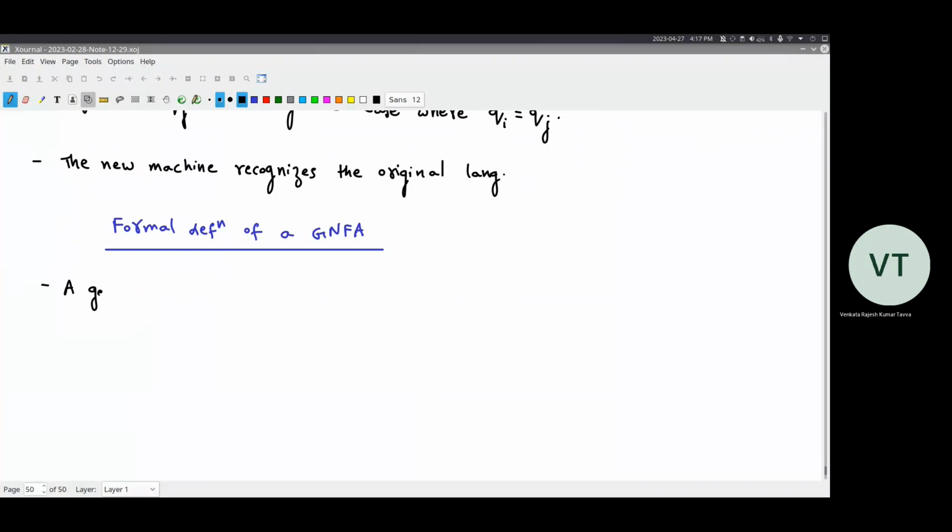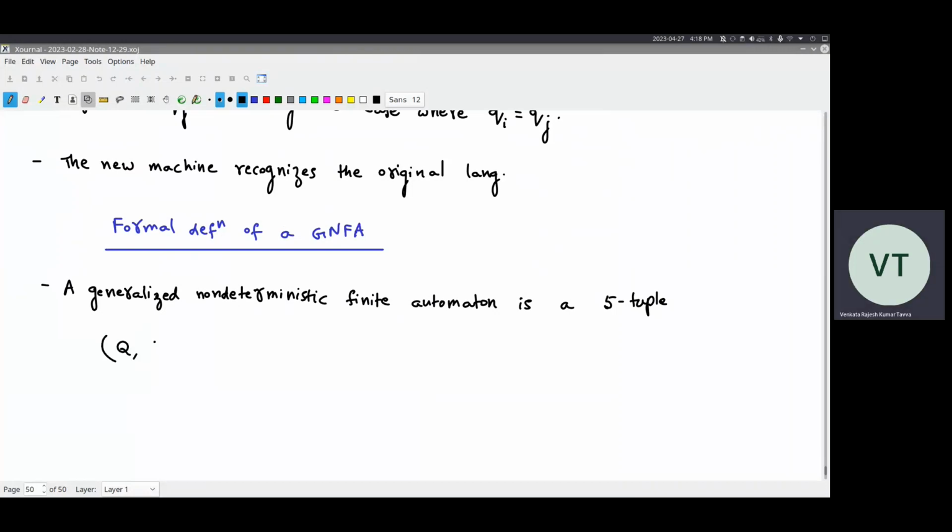A generalized non-deterministic finite automaton is a 5-tuple, that is Q, sigma, delta, Q start, and Q accept.